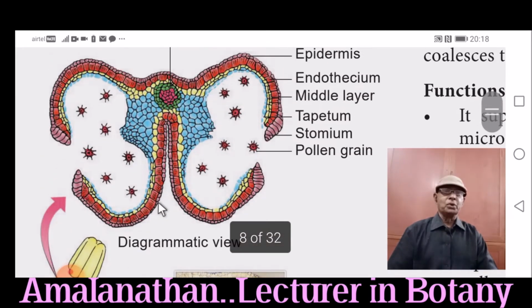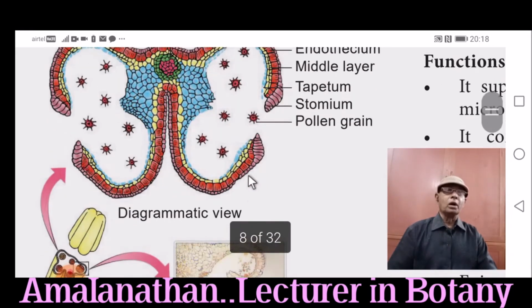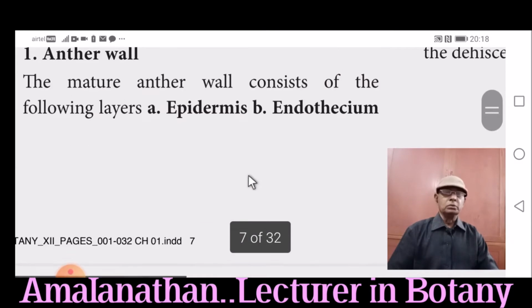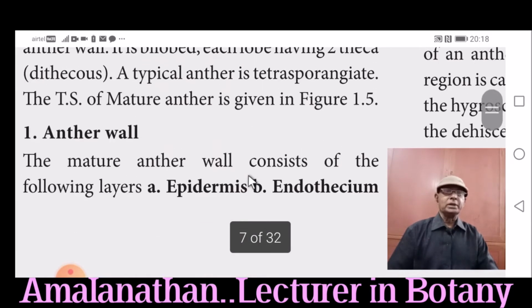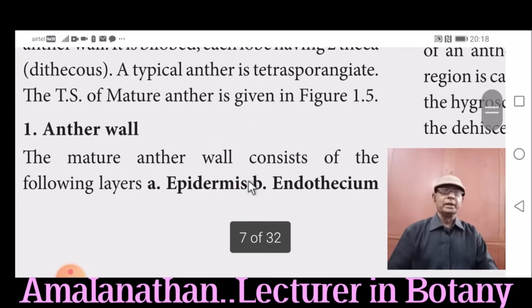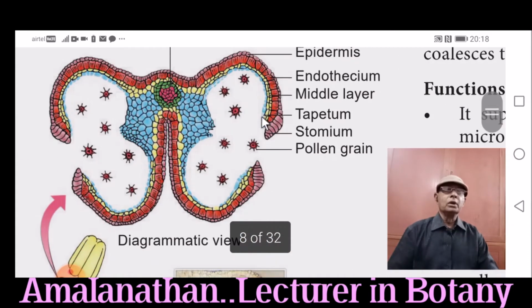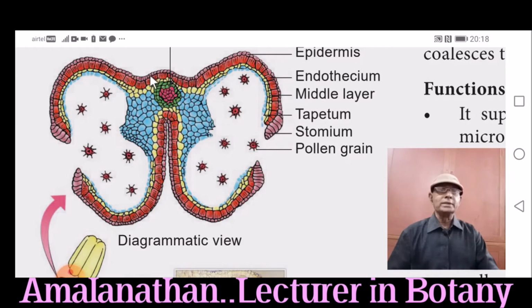TS of a mature anther shows the following parts. Number 1, anther wall. Number 2, anther cavity. And number 3, connective. This is the anther wall. The wall of the anther is considered as the anther wall.